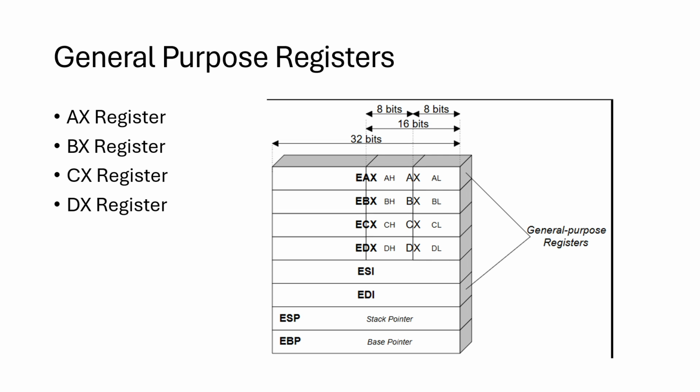It is also possible that we can use this ECX register for computations. Then we have the DX register. Some input output operations require its use, and multiply divide operations that have large values also use this DX and AX together.